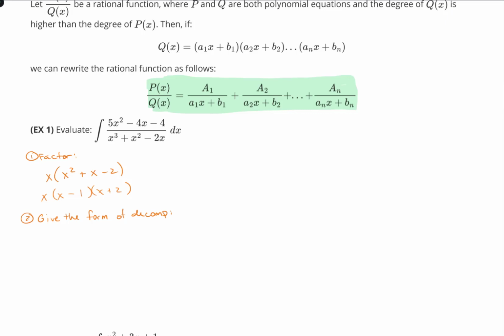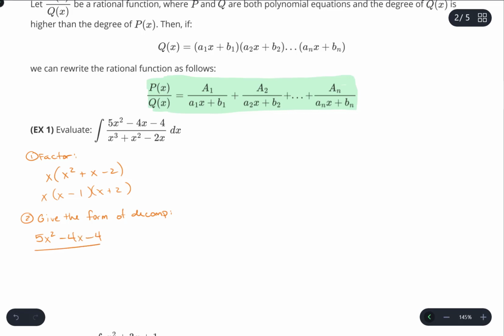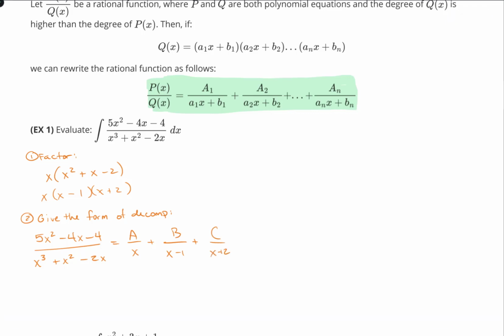So we would have the original function 5x squared minus 4x minus 4 all over x cubed plus x squared minus 2x equal to, we take each of these linear factors and split them up with just a constant in the numerator. So each of these constants can be different, so I need to make sure I have a different constant for each one, and go from there.